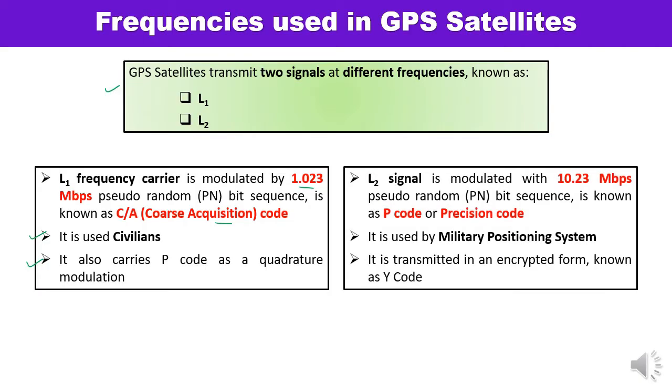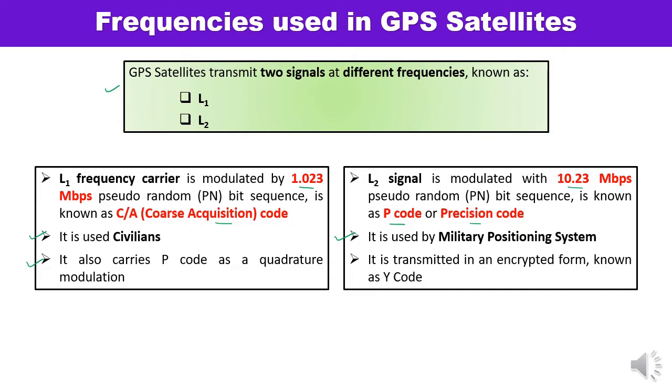When we are talking about the L2 signal, it is modulated at 10.23 megabits per second pseudo-random, that is PN, bit sequence, and it is known as the P code or precision code. This particular code is used by the military positioning system.